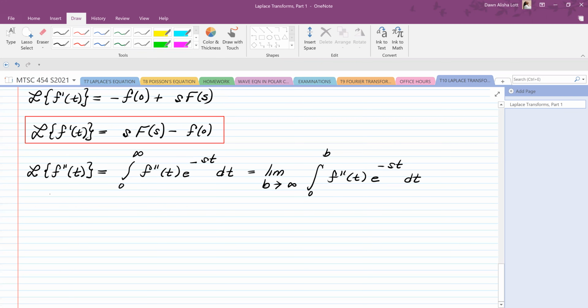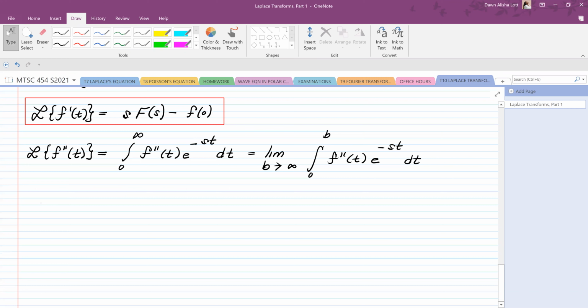Okay, so we're going to let u equal e to the minus st, and then dv is going to be f double prime of t dt. du is the same, minus s e to the minus st dt.